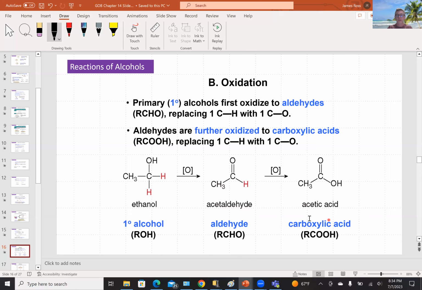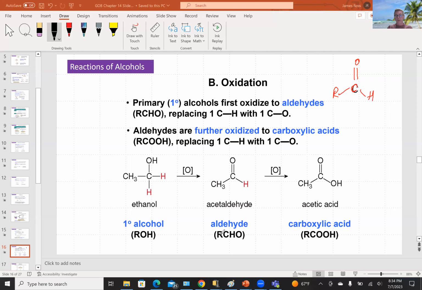There's no other carbon here. So we formed an aldehyde. Aldehydes have, get that red pen back. Aldehydes have carbonyls, a carbon, but distinctively they have an H.